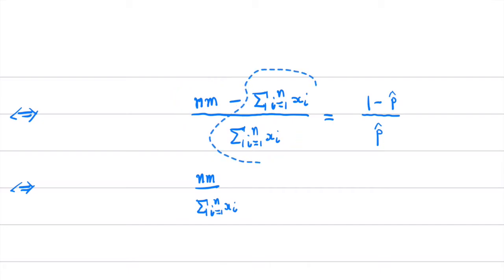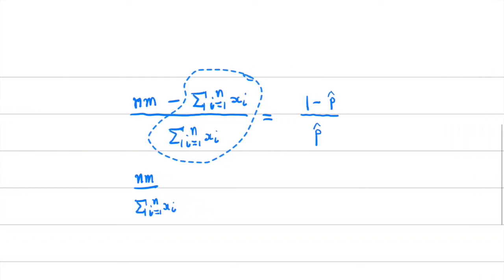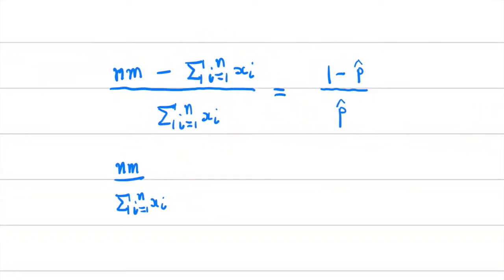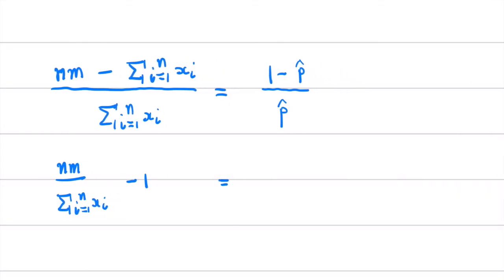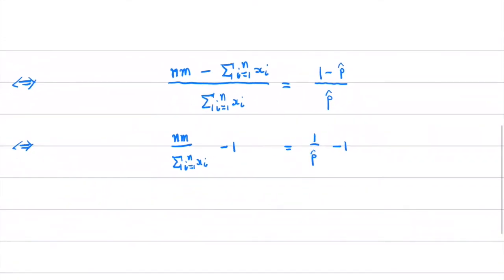Now I'm going to concentrate on the second bit of the fraction, so that's the sum of xi's divided by the sum of xi's, which is just simply 1 or minus 1. And I'm going to do the same here. The first part of this fraction here is 1 over p hat. That just becomes 1 over p hat. And then we've got minus p hat over p hat, which just becomes minus 1.